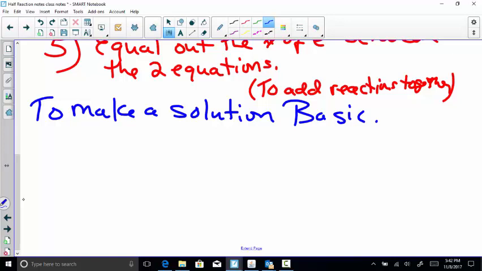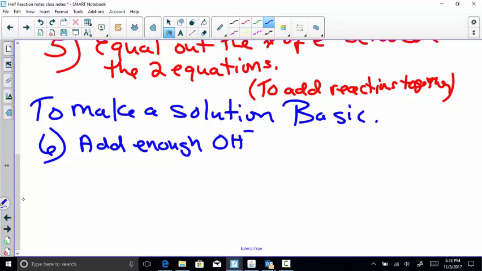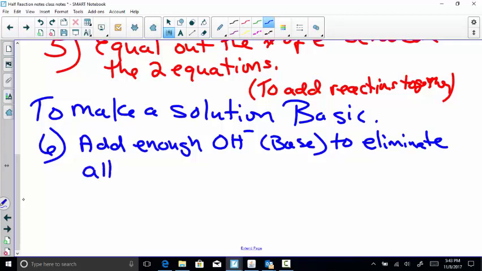you add one step. To make a solution basic, all you need to do is add one step. And what you do is you add enough hydroxide ions, because these are the base, to eliminate all hydrogen ions.